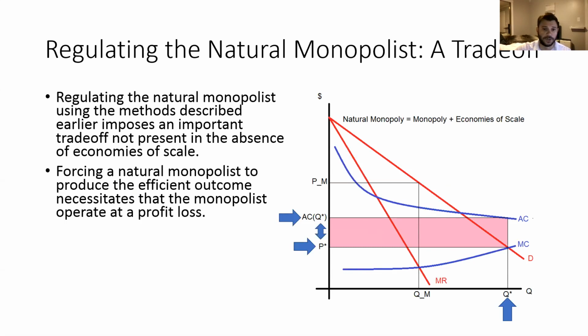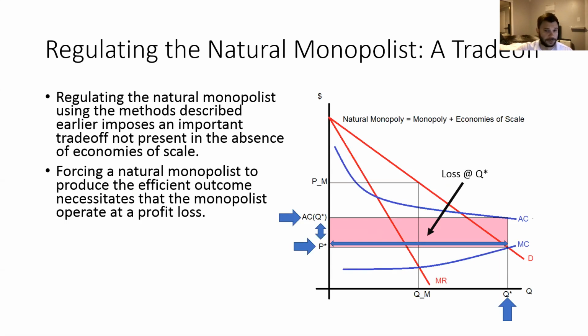The difference between those two values is the loss per unit. If we multiply that by the number of units that we are selling at Q star, then that entire pink region is the entire value of the profit loss to the monopolist at this output level of Q star.